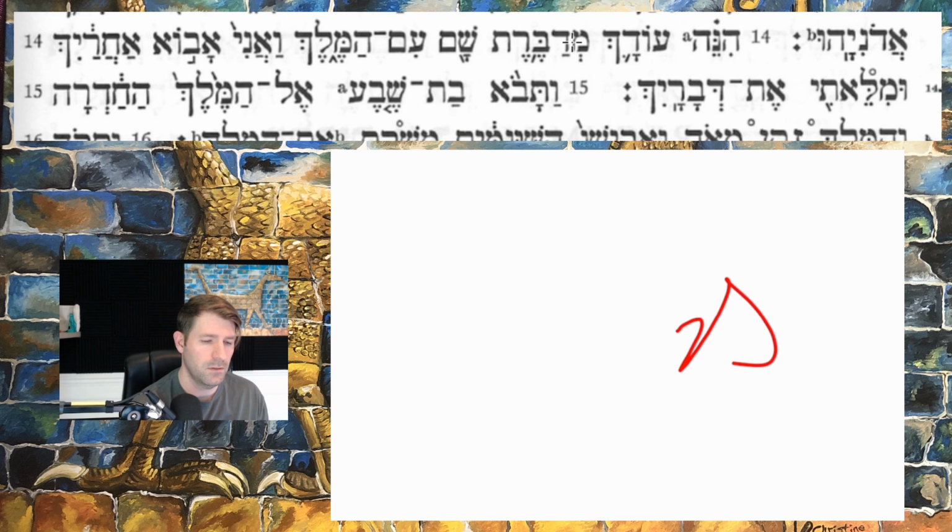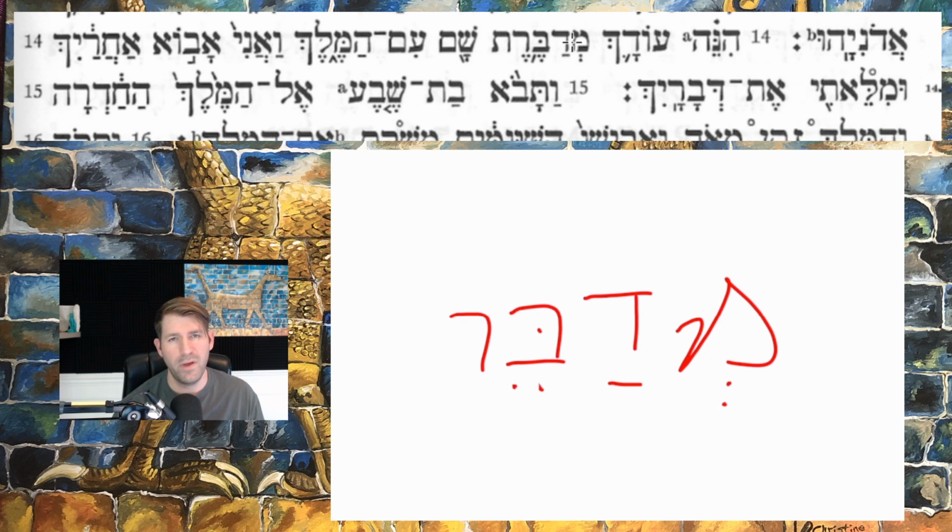So let's go through this form. Medaber, this is a PL active participle, masculine singular, from davar. And of course, in the PL, it just means to say or to speak something.